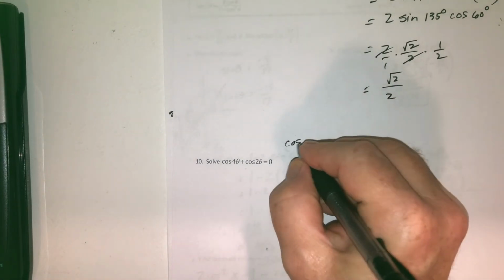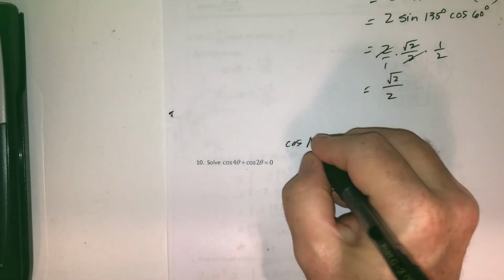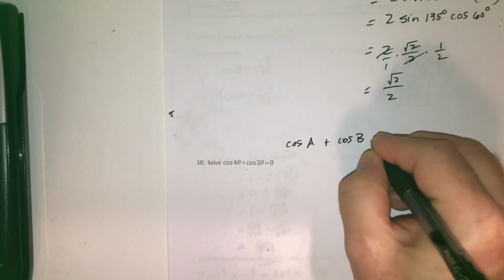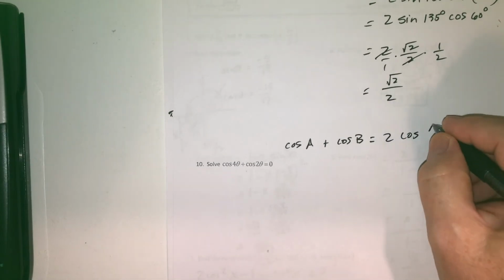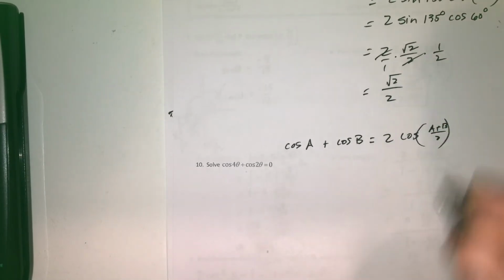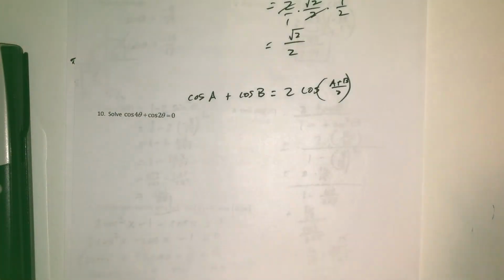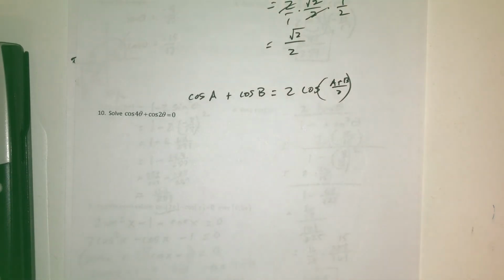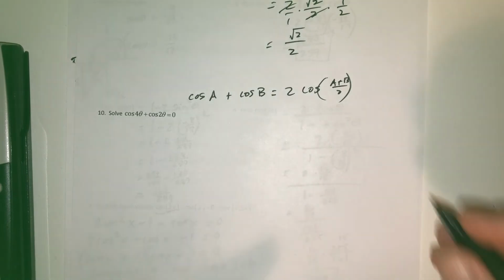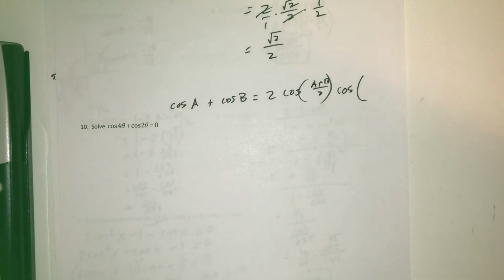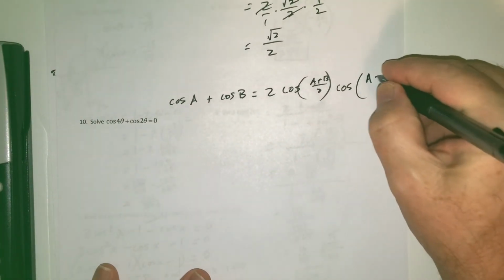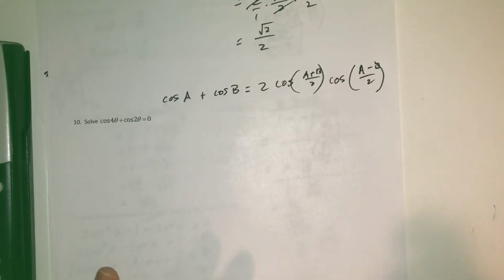The cosine of A plus the cosine of B is equal to 2 times the cosine of A plus B divided by 2 times the cosine of A minus B divided by 2. That's the identity that we're going to use to solve this problem.